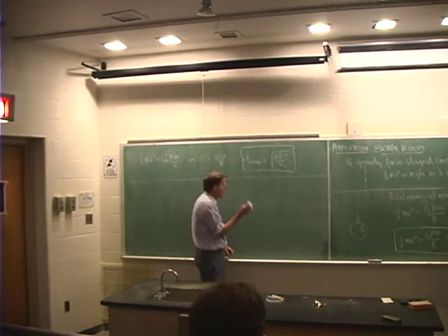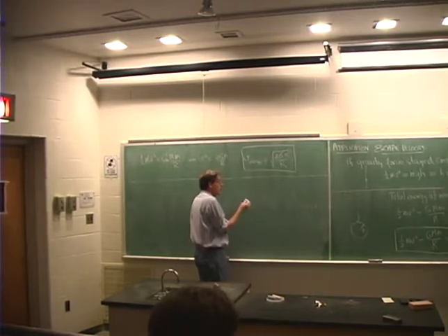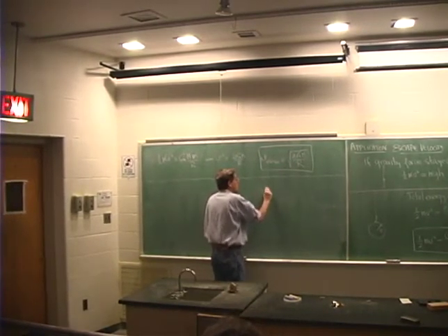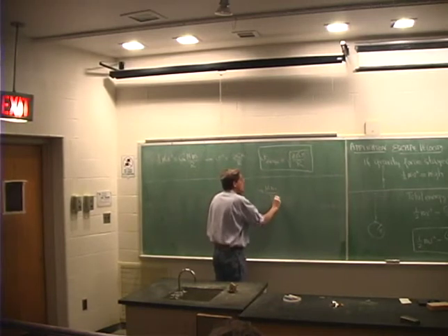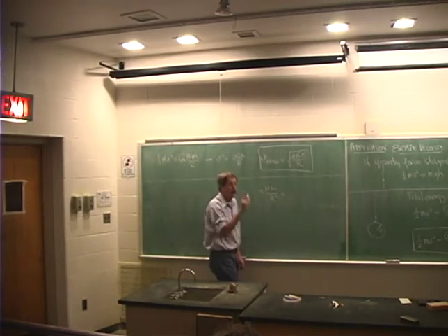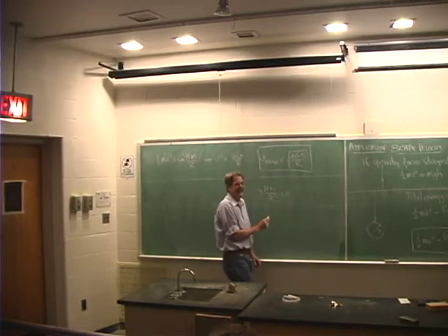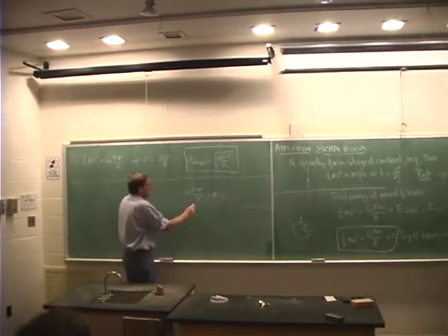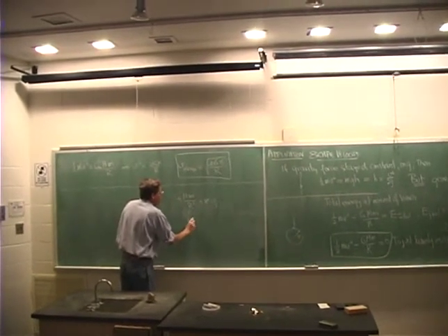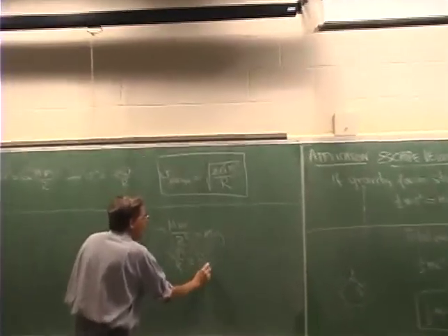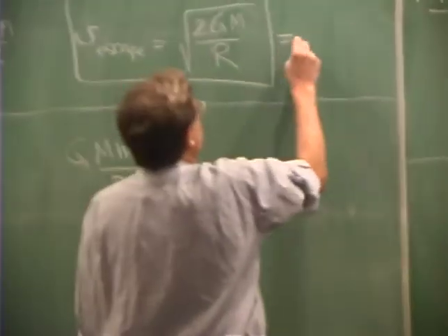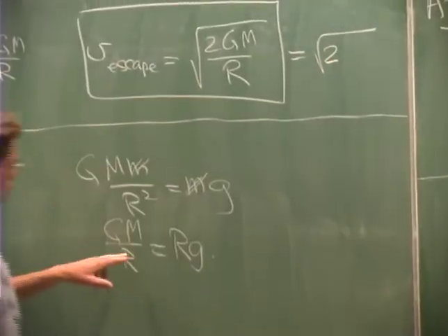Oh, yes, that's right. Or I could also do it from the point of view of, yes, I can do it like that, because I know what little g is. Let's see. You still need the radius of the Earth, squared. That I do know. Okay, good. And so GM over R is actually equal to RG.